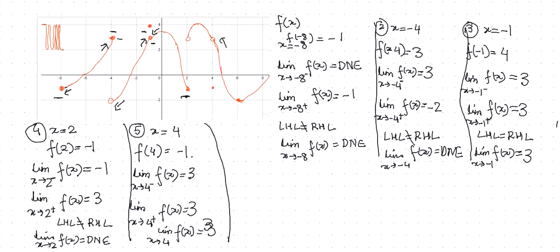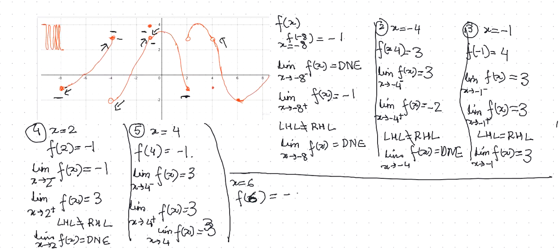Now let us see what is happening at x is equal to 6. So f of 6 is -2.